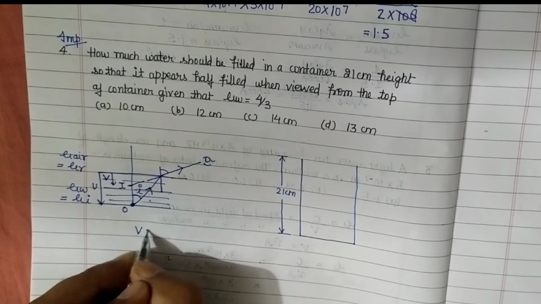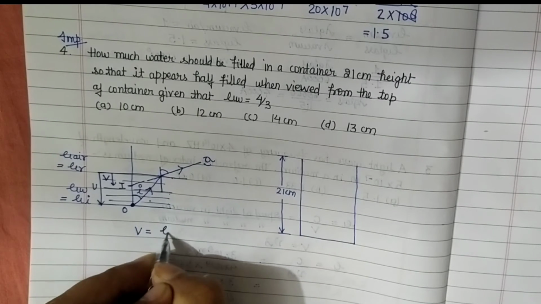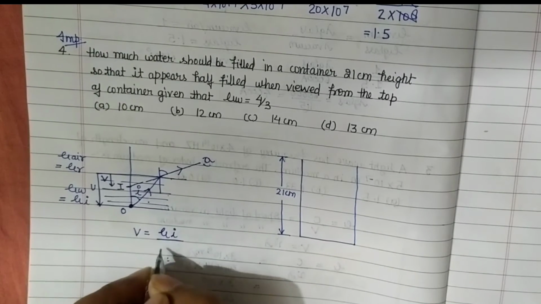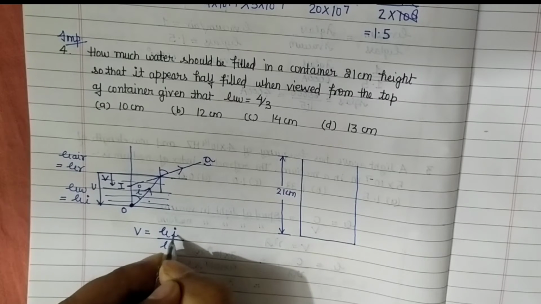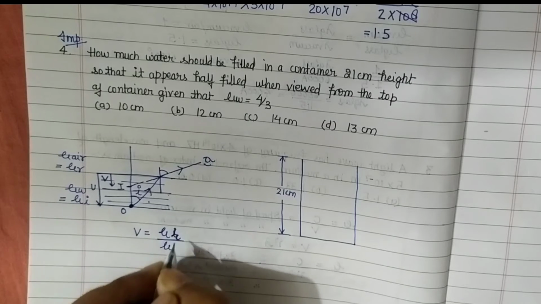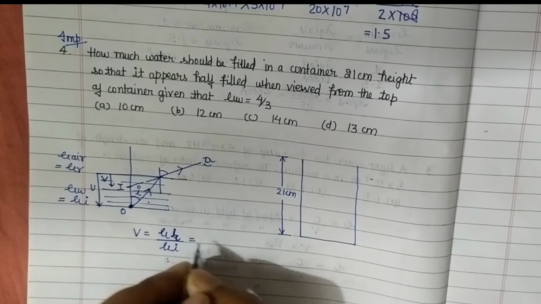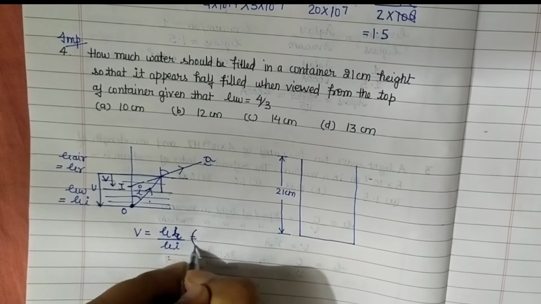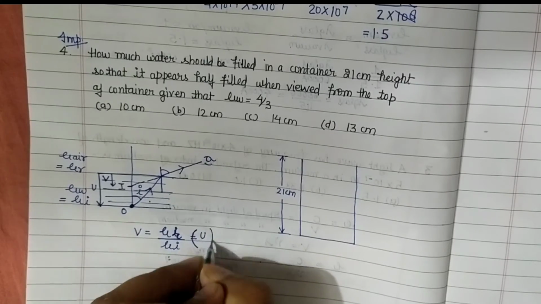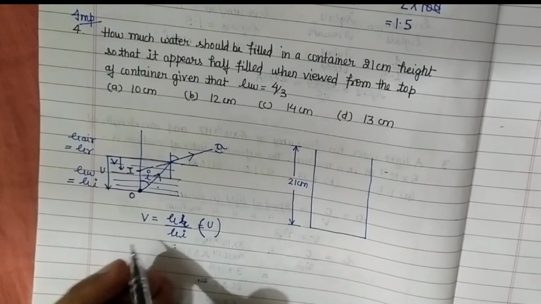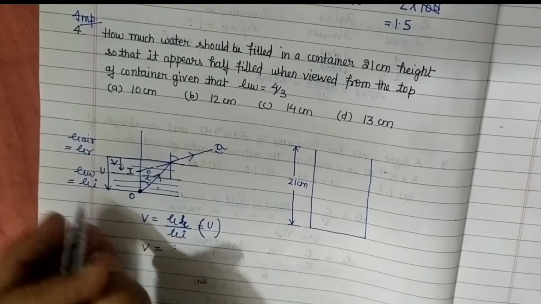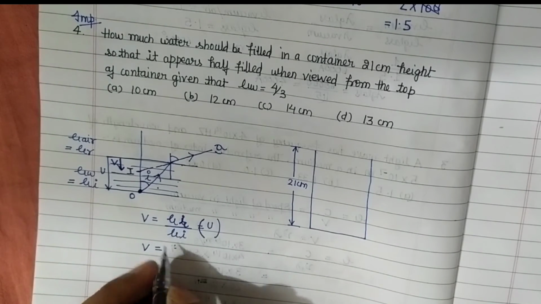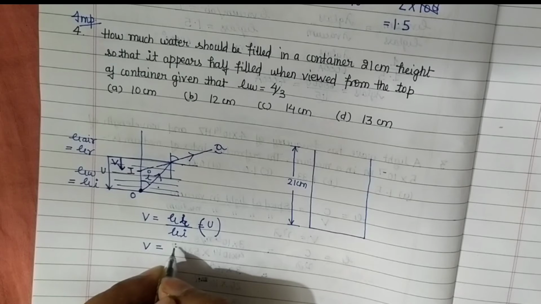So V will come out equal to mu R upon mu I times U. Again I am writing V, which is the apparent depth. V will be called the apparent depth, U will be called the real depth, the actual depth.